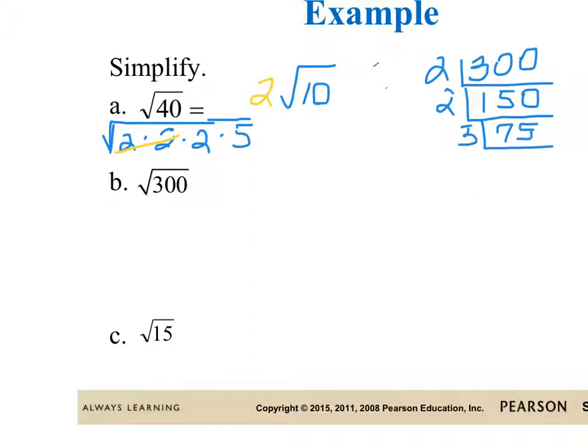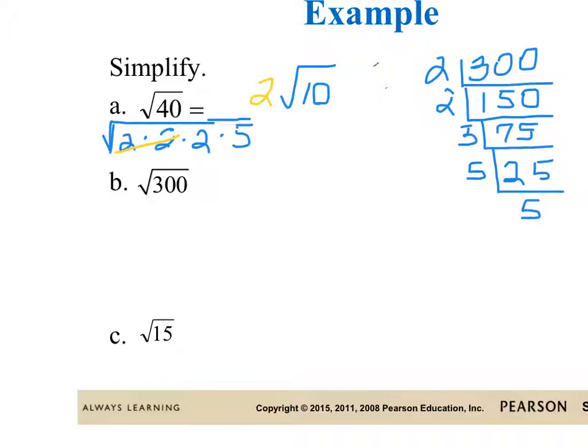And 3 times 25 is 75, and 25, of course, can be divided by 5, and 5 goes into 25 5 times.